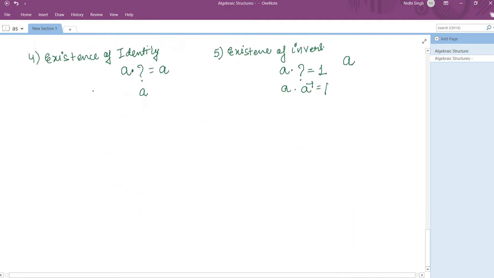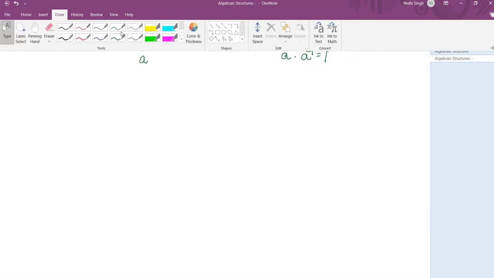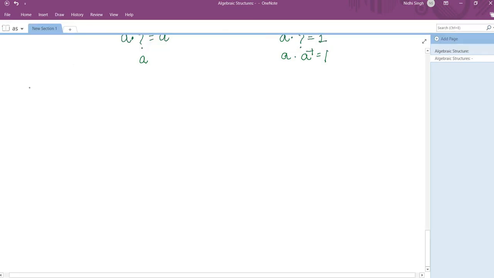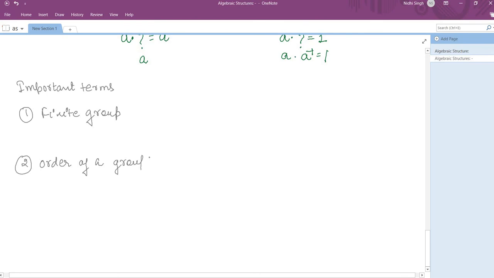Now some more important terms. The important terms are, first, finite group; second, order of a group; and third, subgroup.